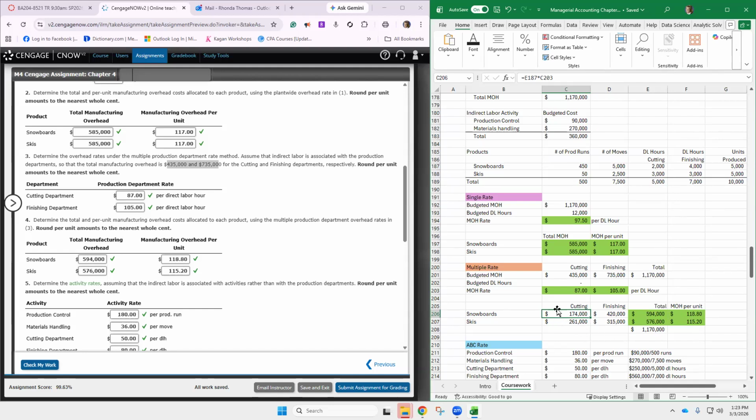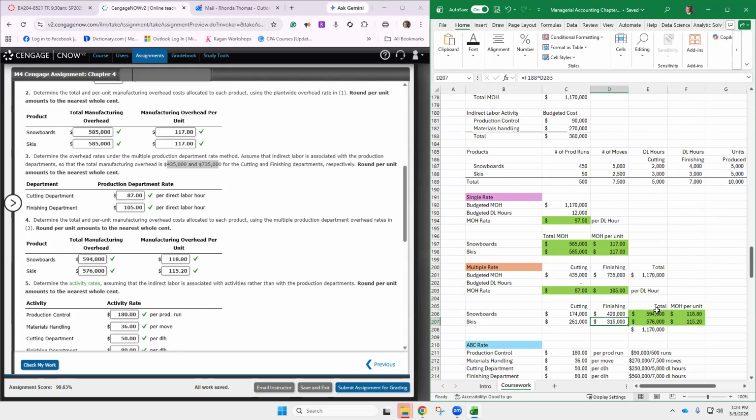We've got cutting hours times, and this is just for snowboards, 2,000 times 87. Let's go to finishing now. Snowboards uses 105 as the rate times 4,000 finishing hours.